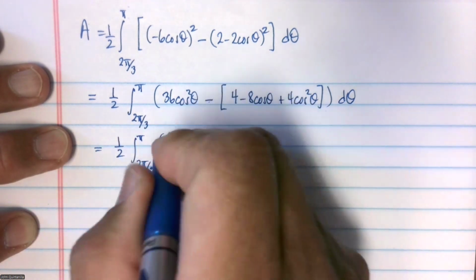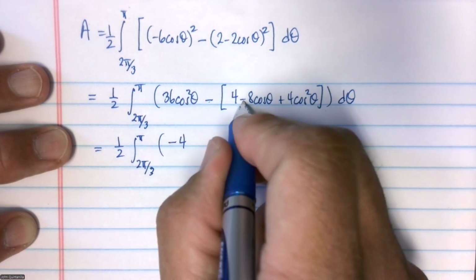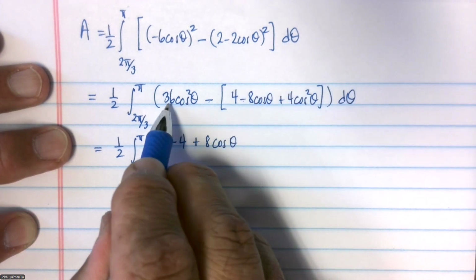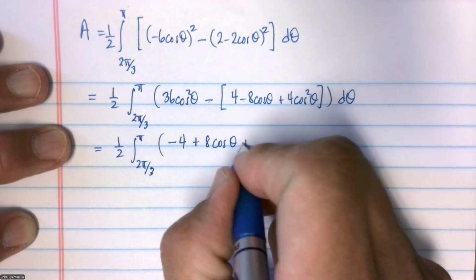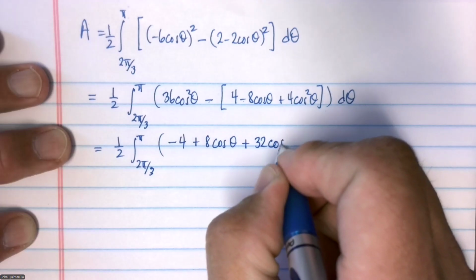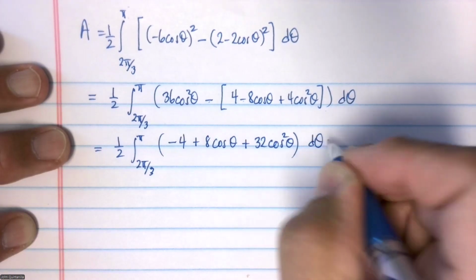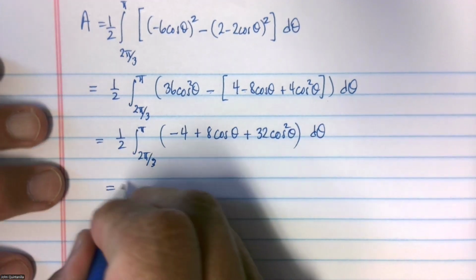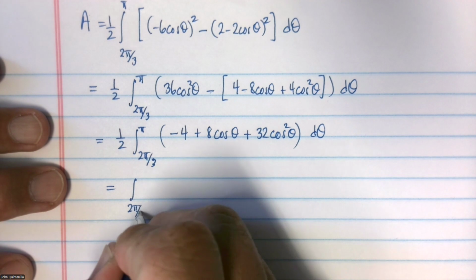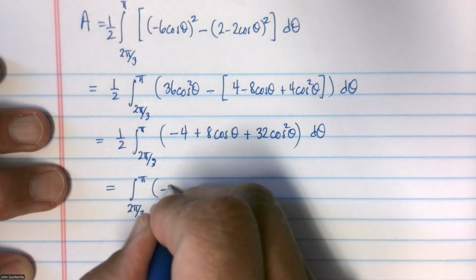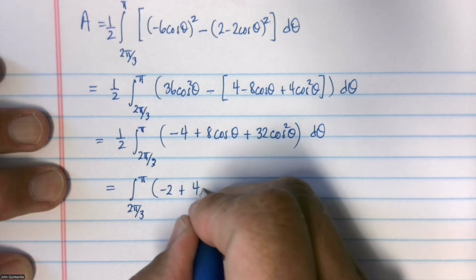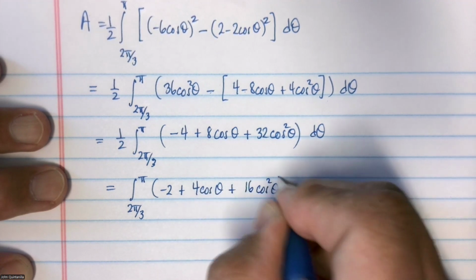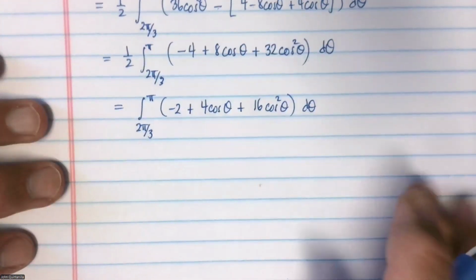All right, so minus 4, then minus a minus makes plus 8 cosine theta. Then 36 minus 4 makes plus 32 cosine squared theta, d theta. All right, now let me divide by 2 to just get rid of that fraction. 2 pi over 3 to pi of negative 2 plus 4 cosine theta plus 16 cosine squared theta, d theta.